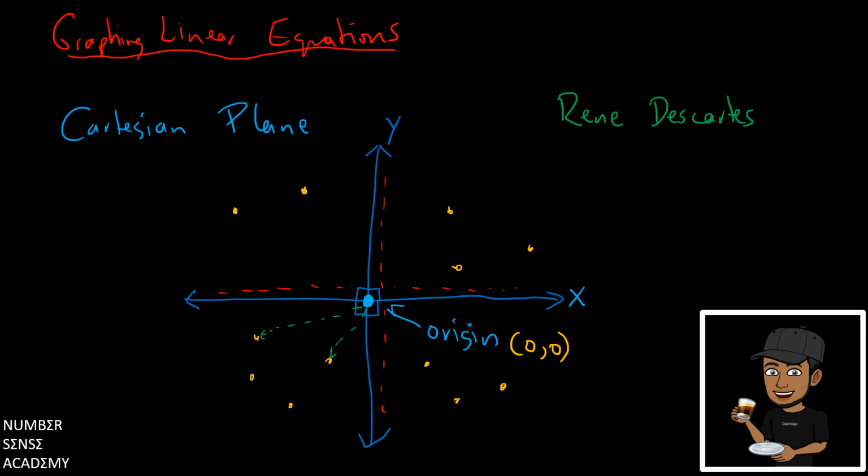To map them, we're going to start in the origin and do some counting in the direction of x and y to get to these values. Every single point has some relation to the origin. And we could do this forever. There's essentially an infinite number of points inside of this.